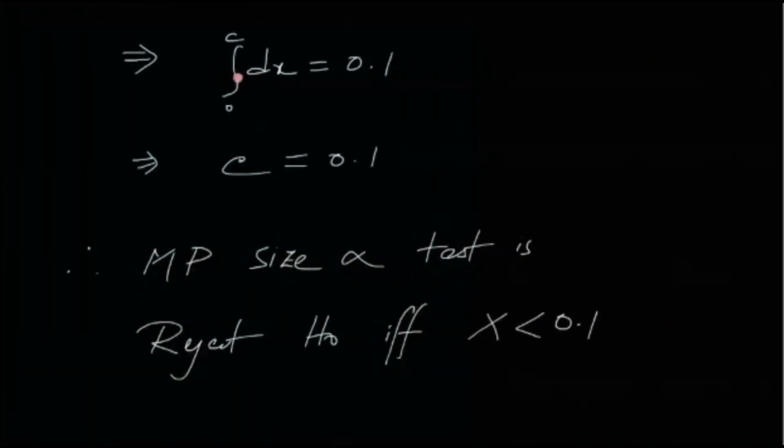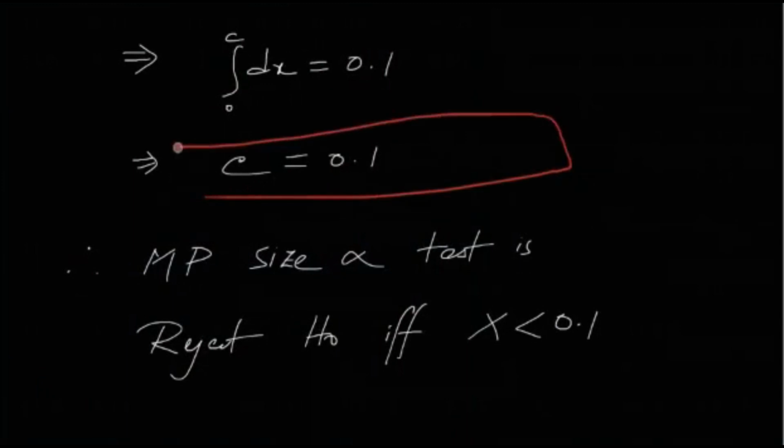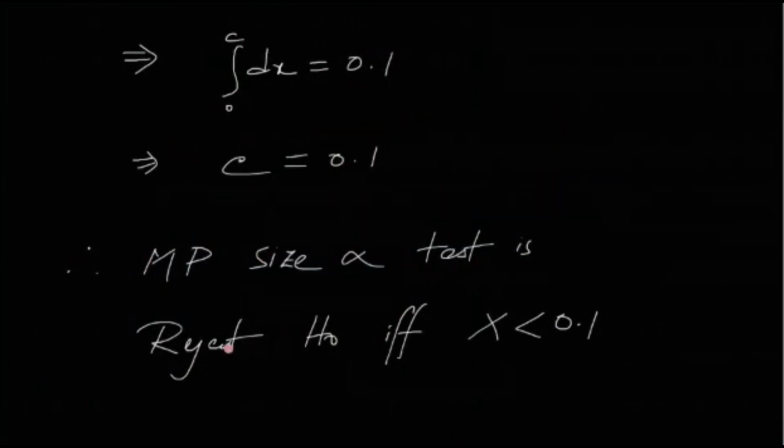So c is equal to 0.1. Therefore, the MP size alpha test is: reject H0 if and only if x is less than 0.1.